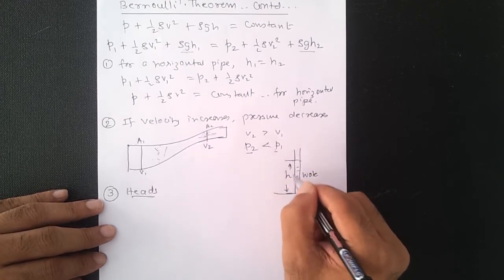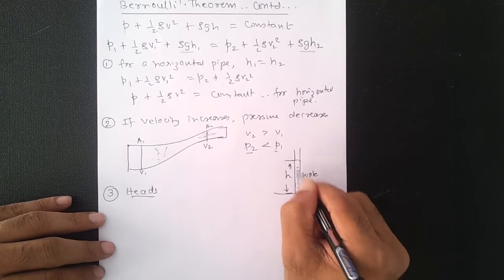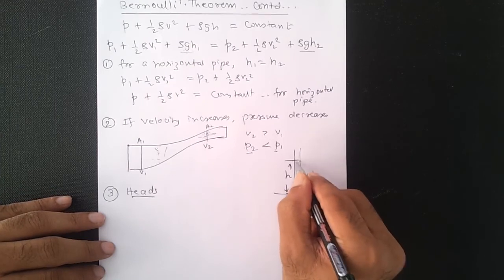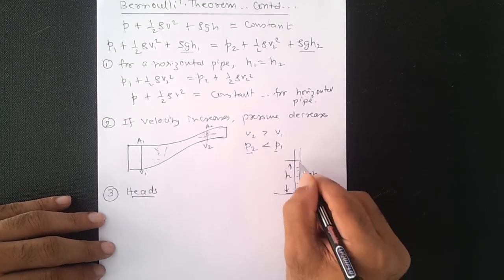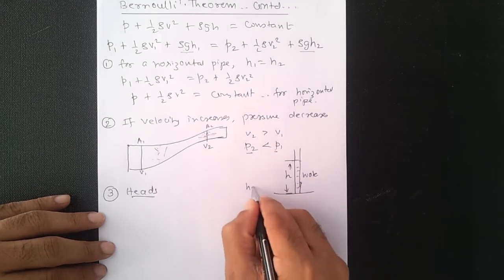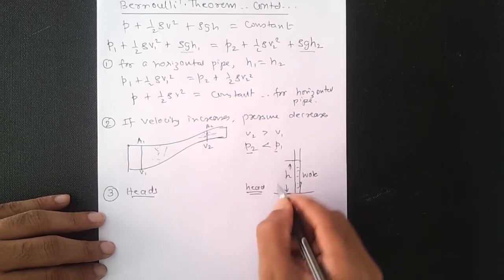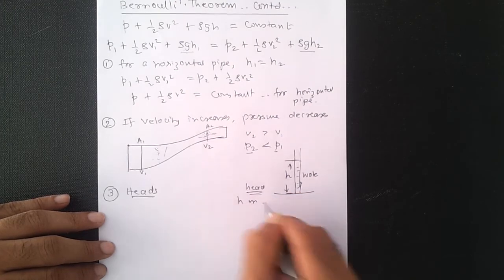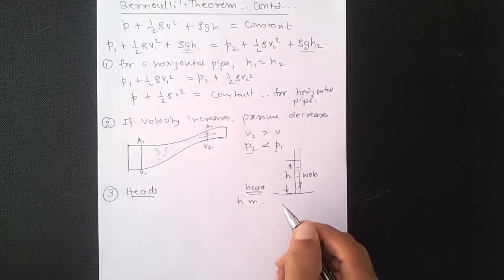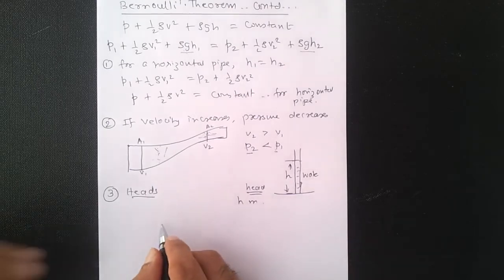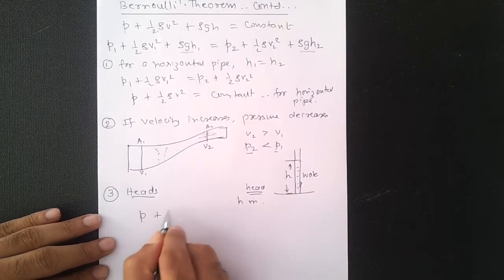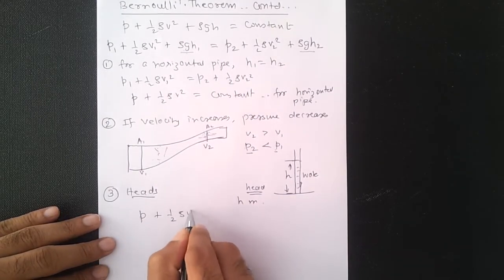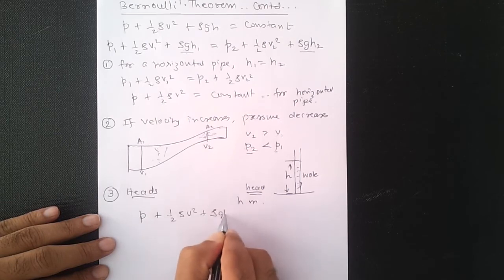So if I look at Bernoulli's theorem again, P plus half rho v square plus rho gh is equal to constant.